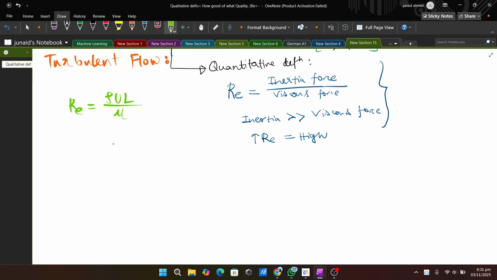And what are these? This is the density, this u is the velocity, this L is the characteristic length, and this mu is the dynamic viscosity.